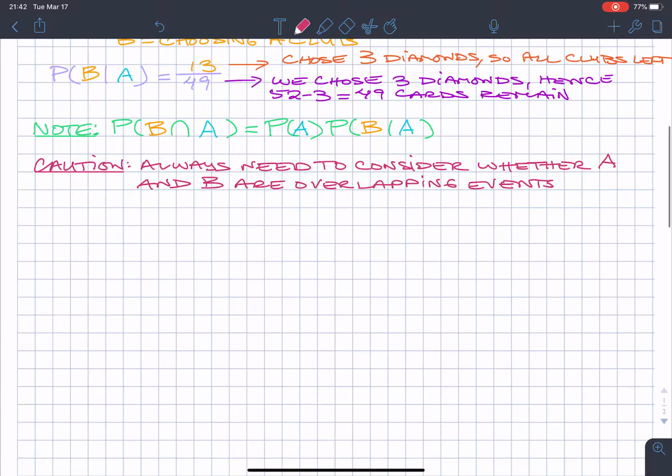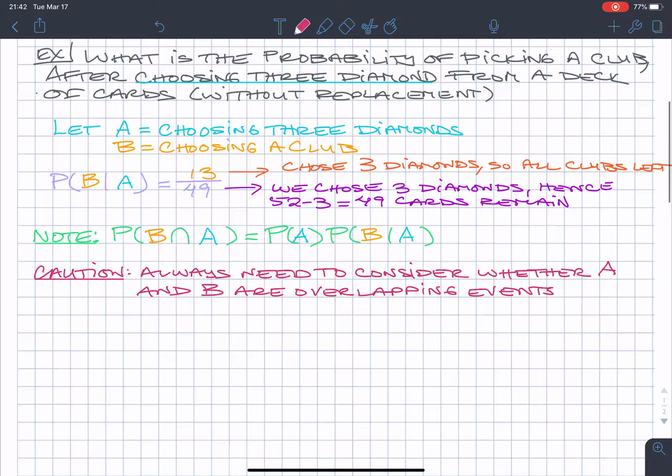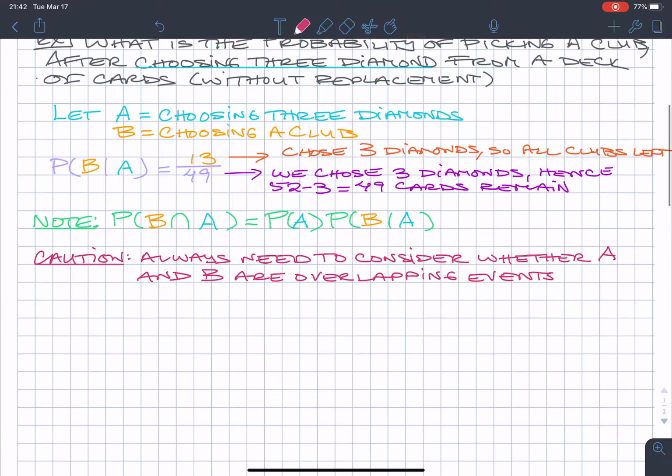So in the above, choosing 3 diamonds and choosing a club are not overlapping at all. They're completely distinct or disjoint.